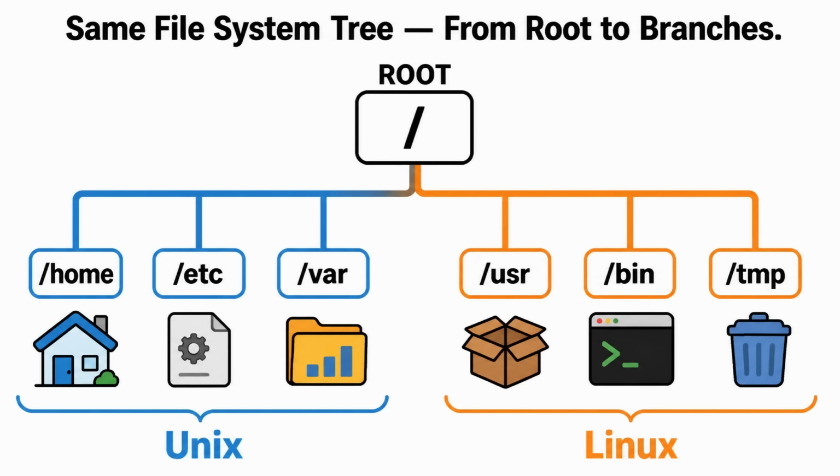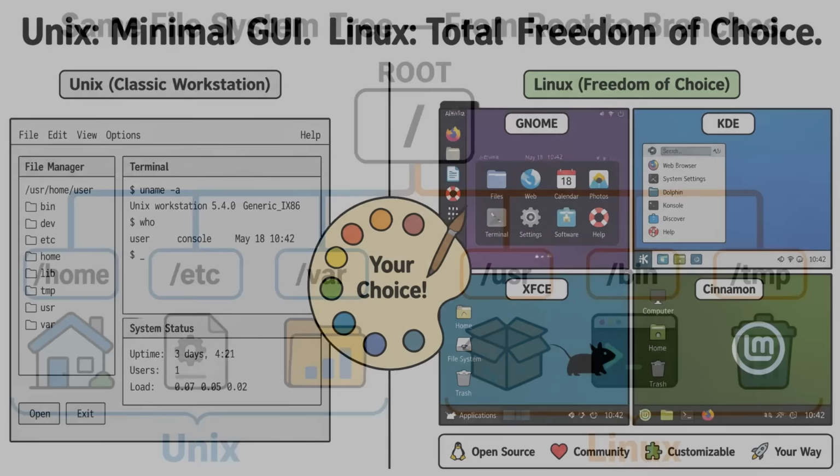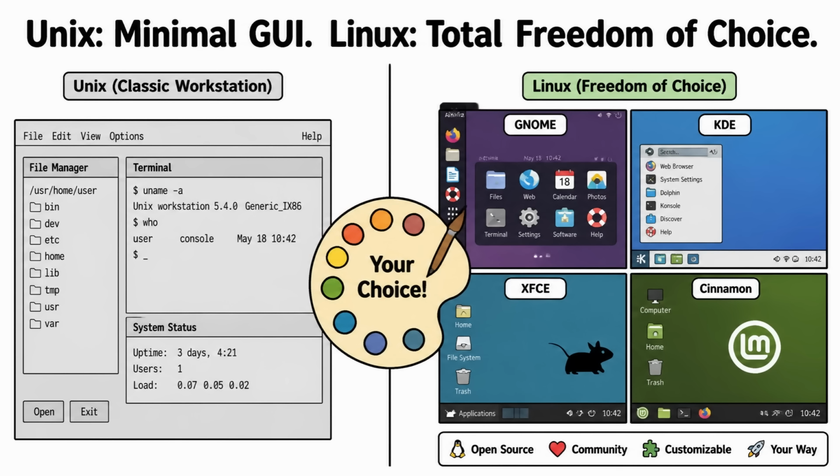However, Unix systems like Solaris and HPUX may use their own specific file system formats. Linux supports a wide variety: ext4, xfs, btrfs, and more. Linux's flexibility in supporting multiple file systems is one reason it runs on everything from tiny embedded devices to massive enterprise servers.